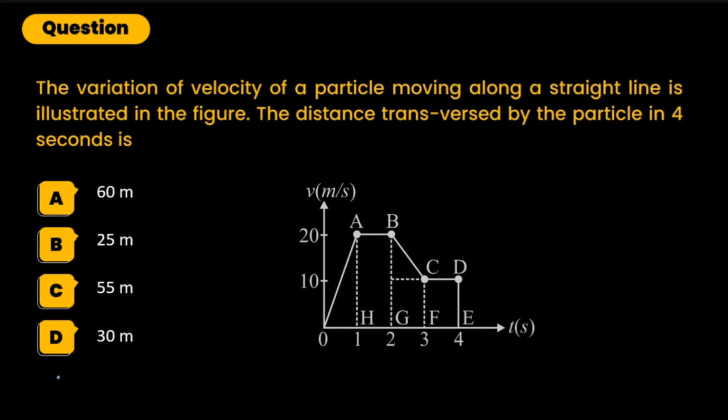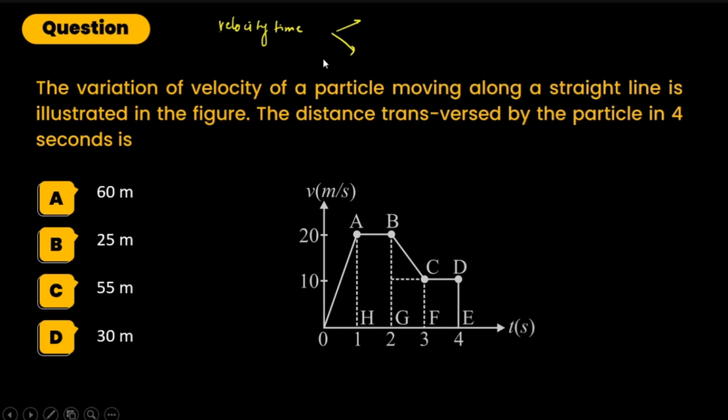So the question says: variation of velocity of a particle moving along a straight line is illustrated in the figure. The distance traversed by the particle in 4 seconds will be? So how can we find the distance traveled? If we have a velocity time graph, it is the most important type of graph from all three, displacement time, velocity time and acceleration time.